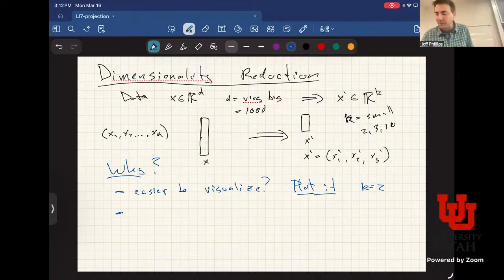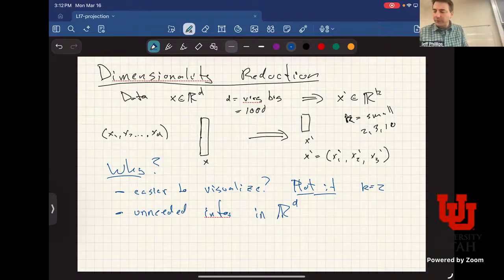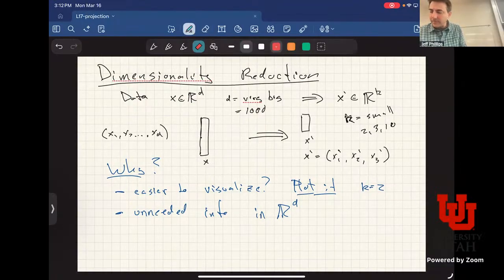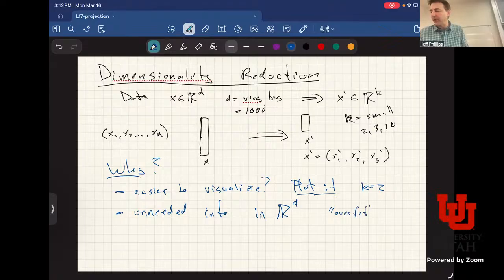One of the other things you said, which is also great, is that there's maybe unneeded info in R^D. So maybe we could even say it may be overfit, right? One way we got high dimensional vectors was we took the original data and did a polynomial expansion up to a really high degree.